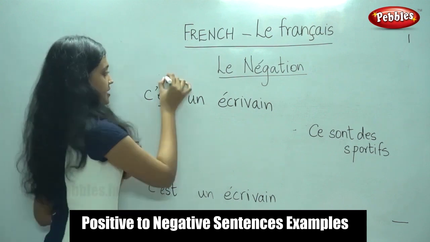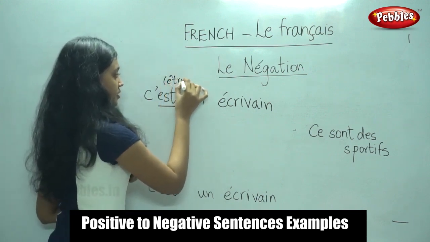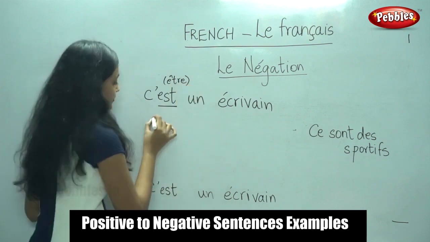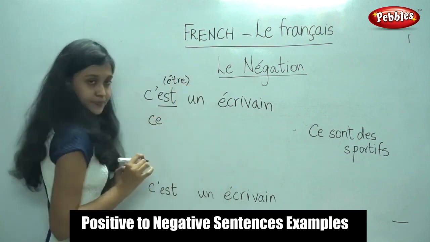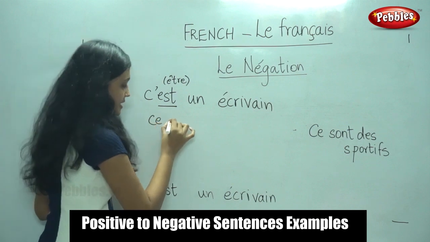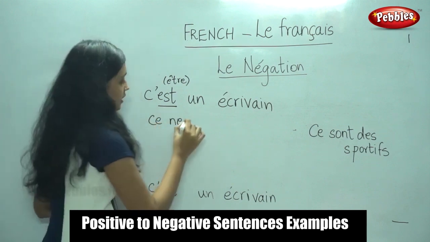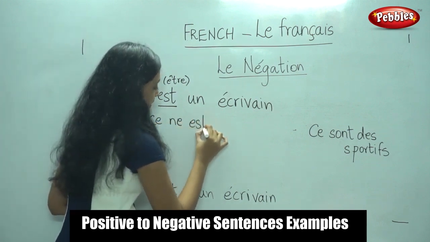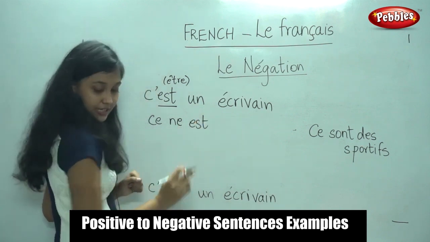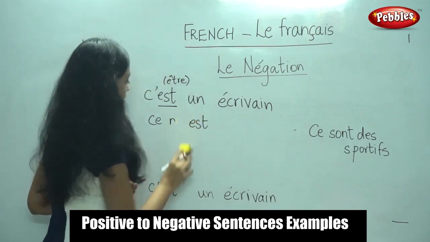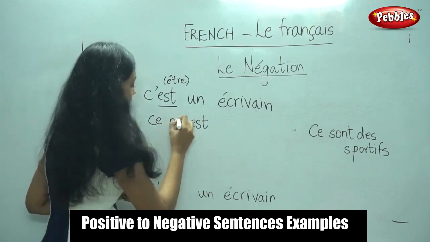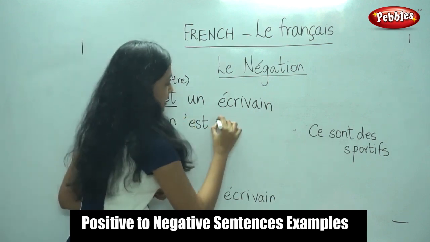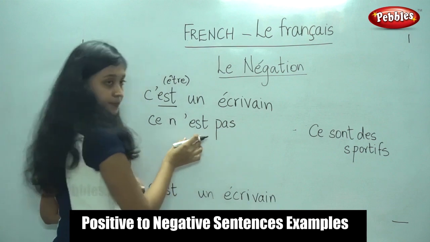We have identified it. It is the être verb. So, ce. What would we do? We place ne before it. And there is a vowel clash again. So, ne. We would place pas after the verb.